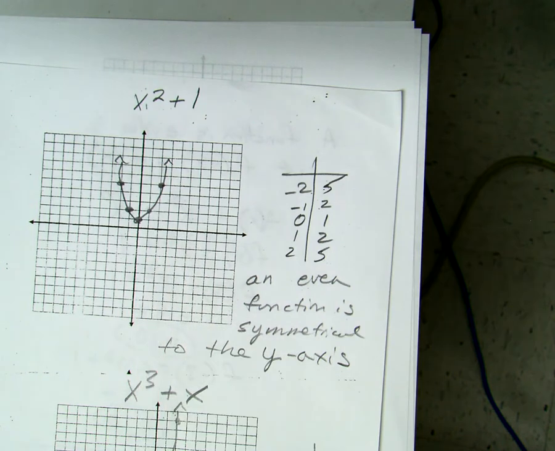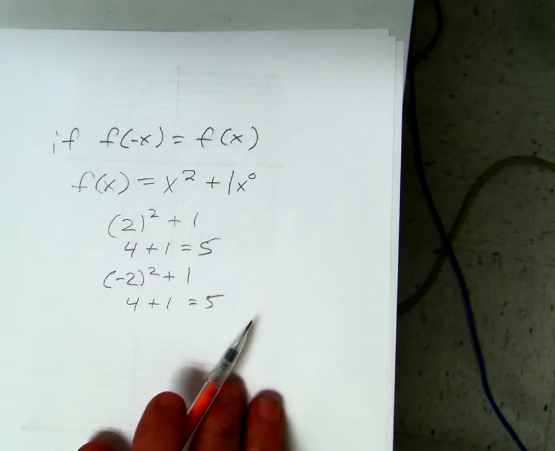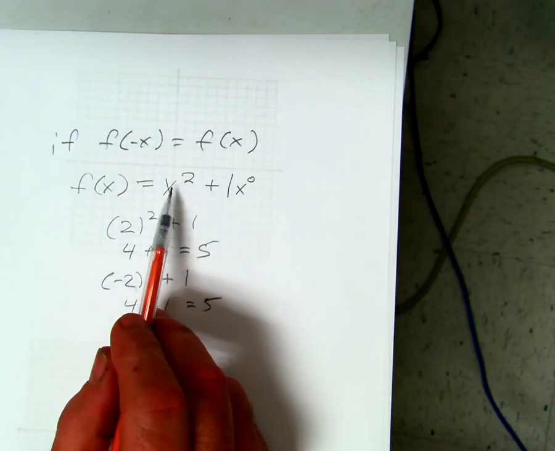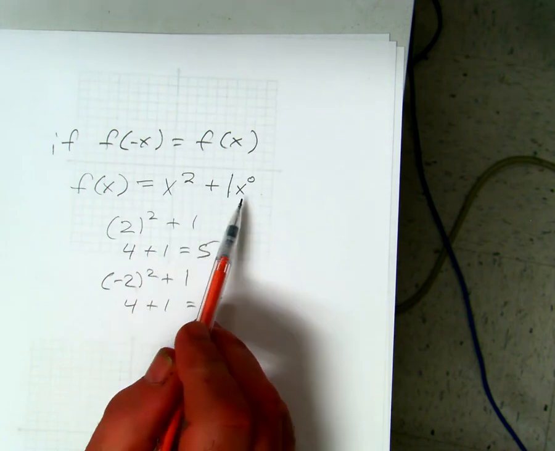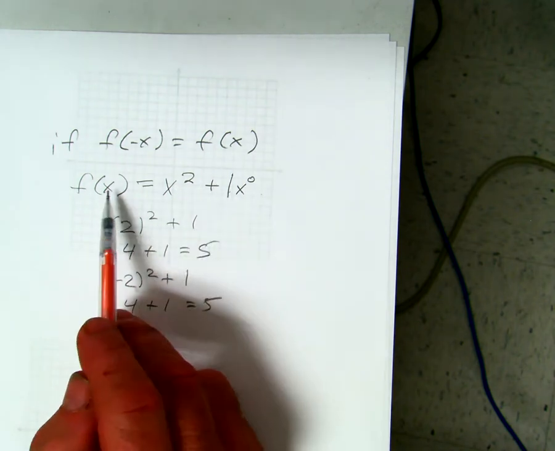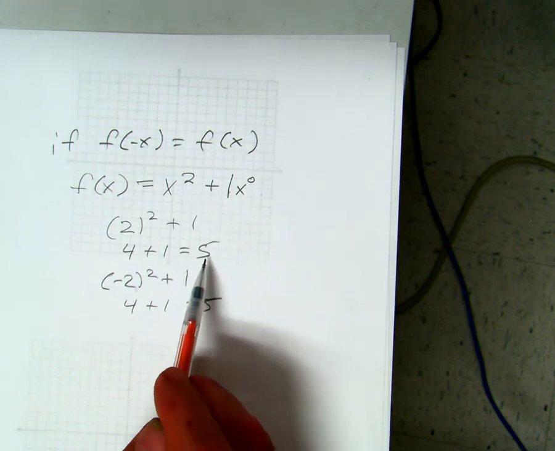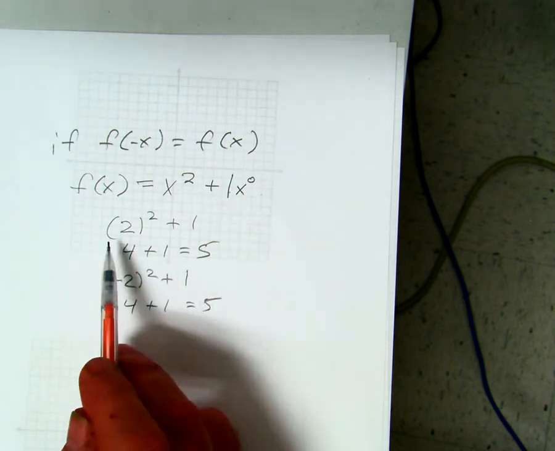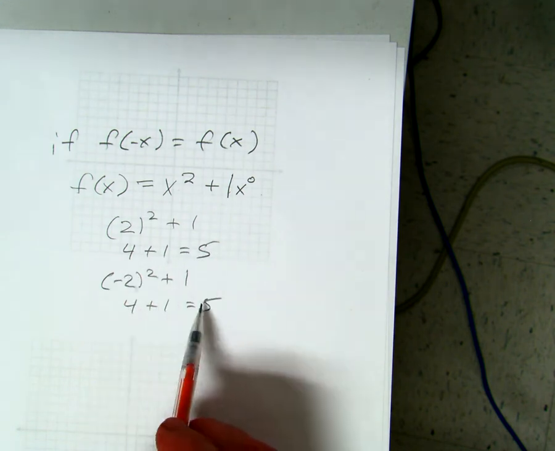And of course, one of the easy tests is to say, are both terms even degrees? Yes, they are, so it's an even function. And then when I plug in a value, I further prove that it's an even function. I put a 2 in, I get a 5. I put a negative 2 in, I get a 5.